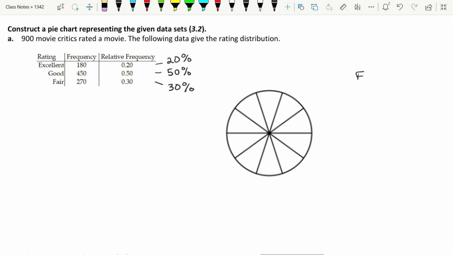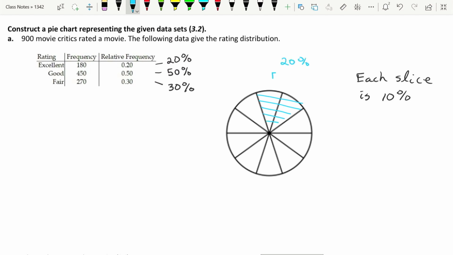And this pie chart over here is set up in a way so that each slice in the pie is 10%. So we have 10 of those slices at 10% each. And so it makes it easy enough for us to show what we're doing here. For 20%, we just need to highlight or shade in 2 of those slices for 20%.